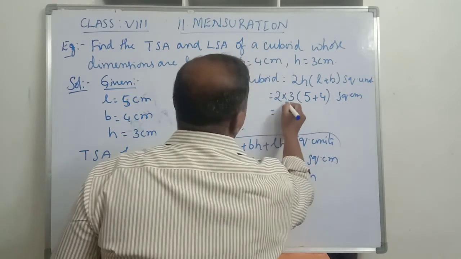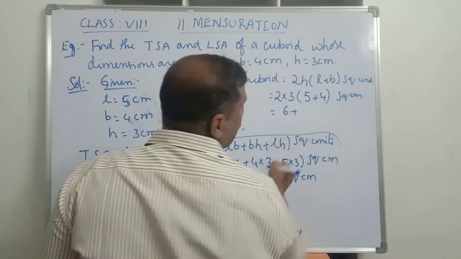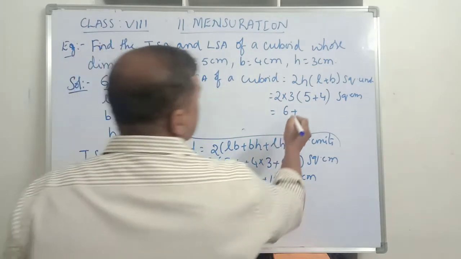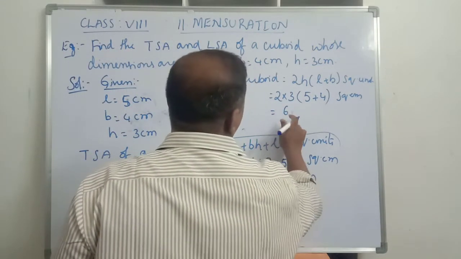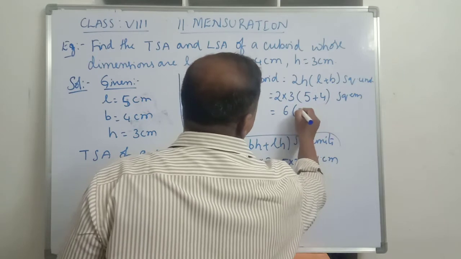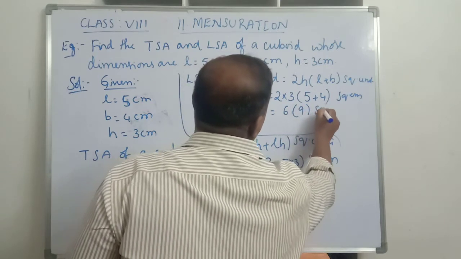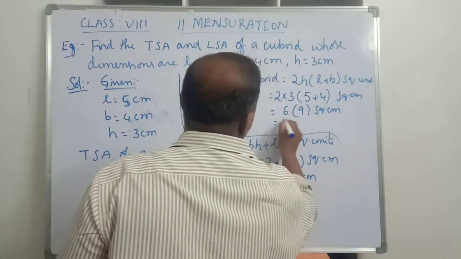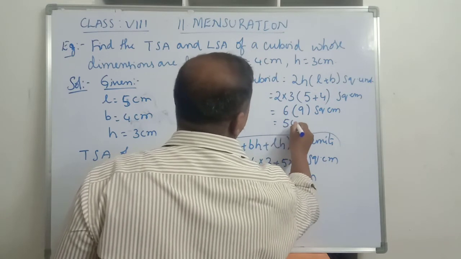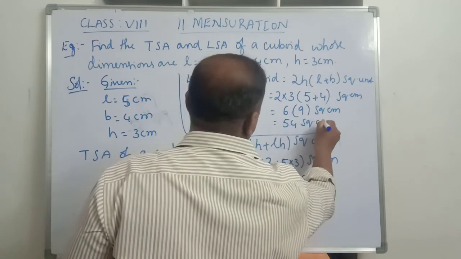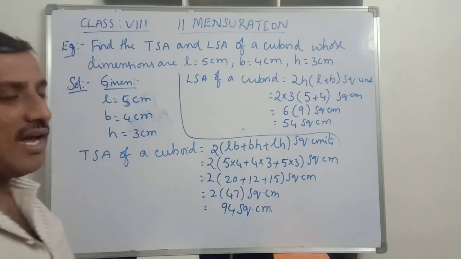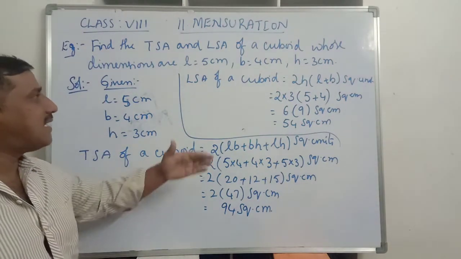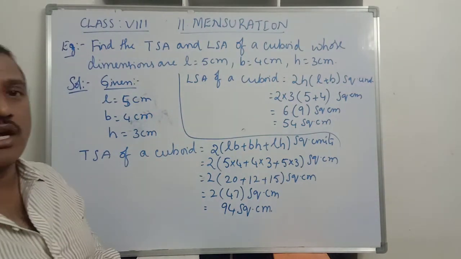That is 2 into 3 is 6, into 5 plus 4, which is 9 square centimeters. 6 into 9, 6 nines are 54 square centimeters. Like this we will find the LSA of a cuboid.